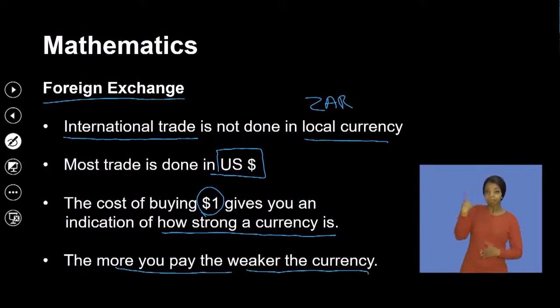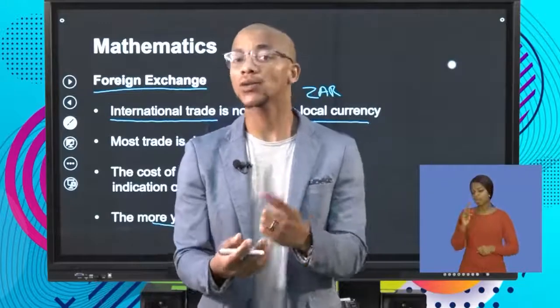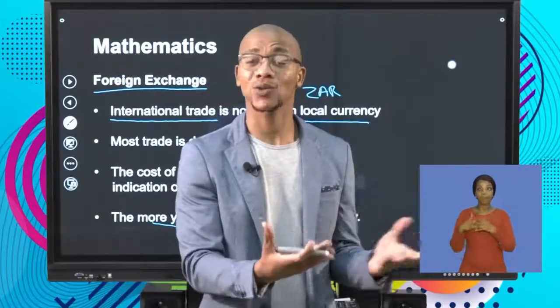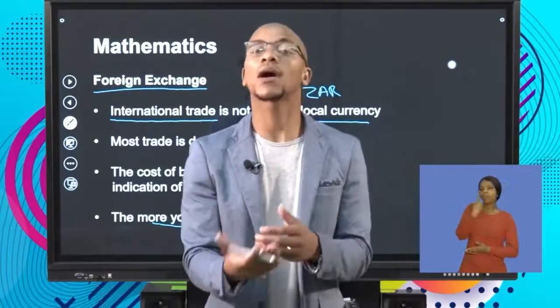Now, in the past months or so, we've been dealing with things like COVID-19. What that has done is it has weakened our currency. Hence, we're actually buying $1 with 17 rands. It has actually gone to that particular price. So that was quite a big increase in terms of our exchange rate.